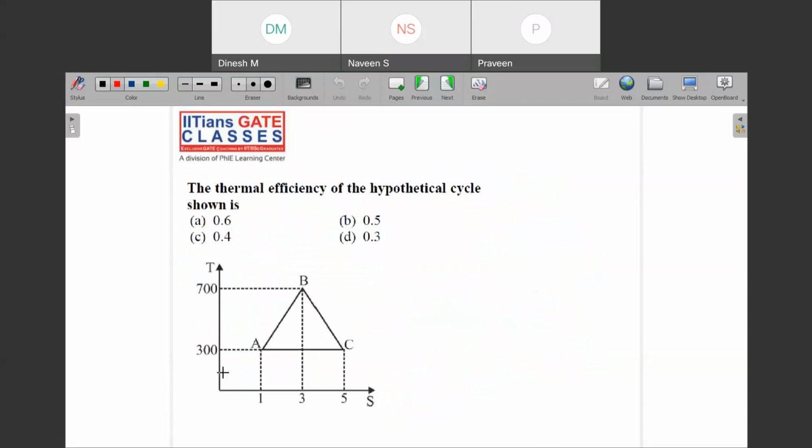Let us try to read the question first and then we will solve it. They are asking what is the efficiency of this hypothetical cycle. See, I have not talked about efficiency yet, but efficiency is the work you are able to get, the work output, divided by the input you were supplied, and input we mostly supply in terms of heat input.